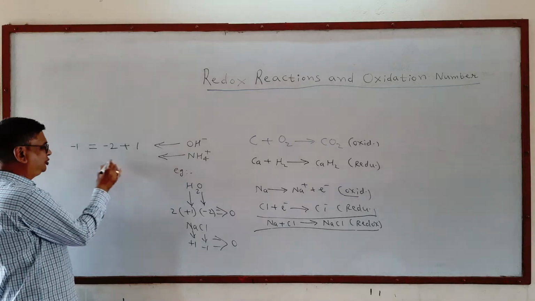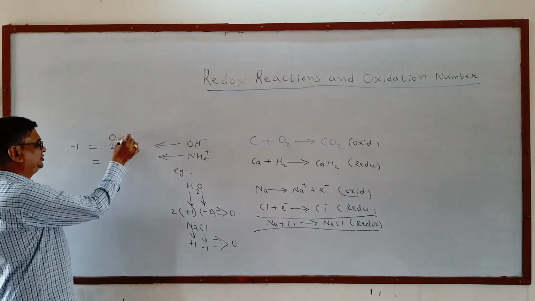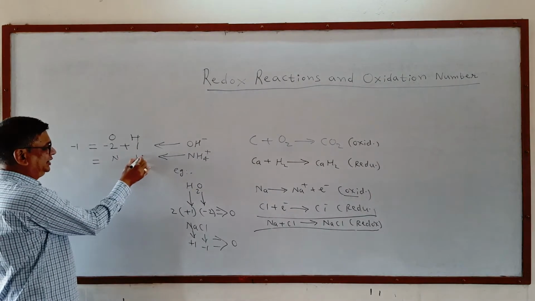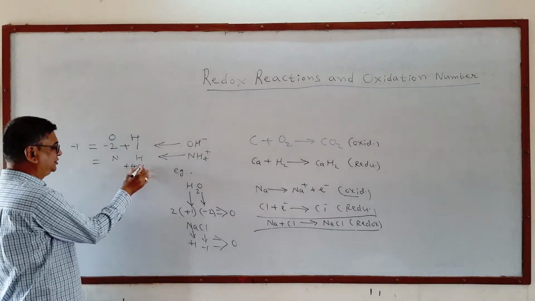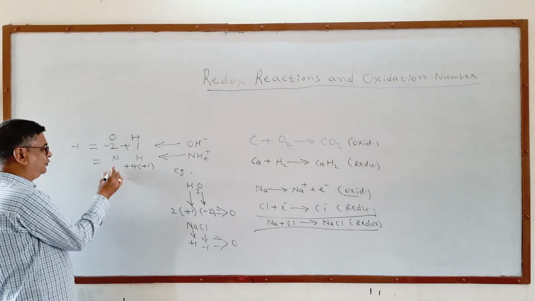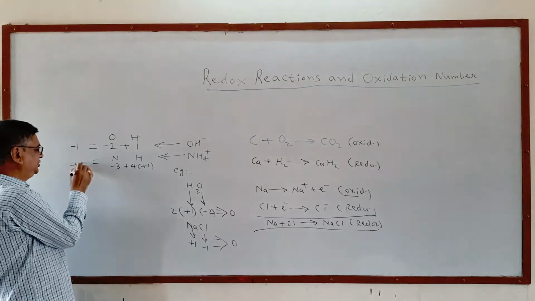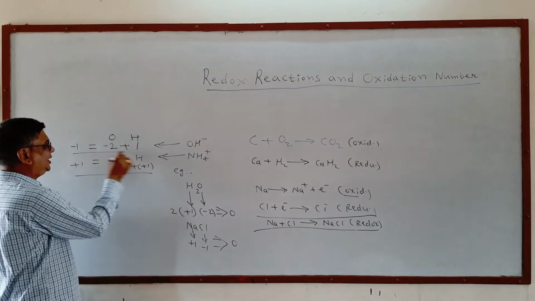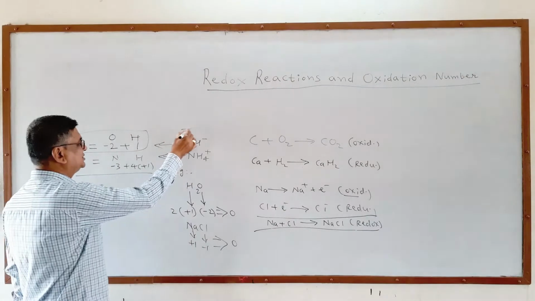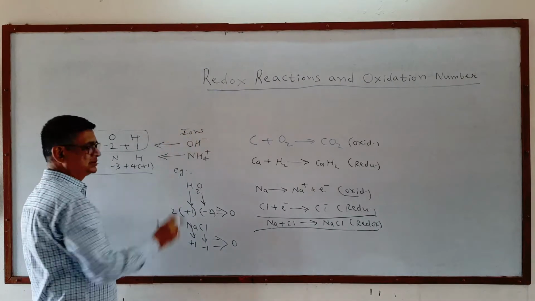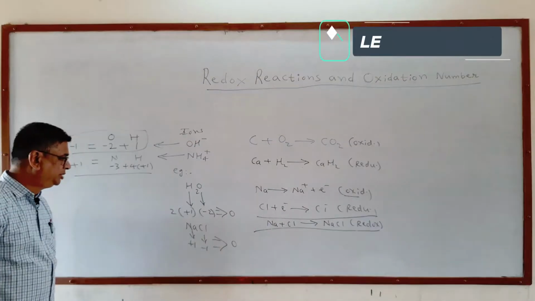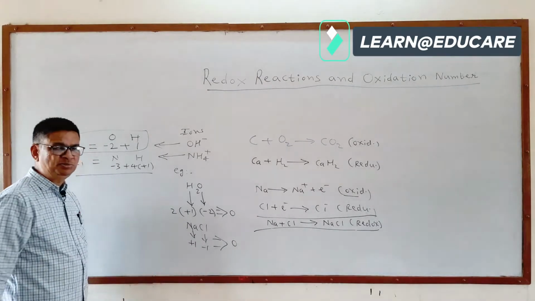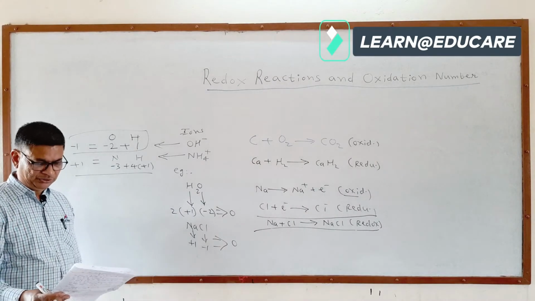In NH4+, there are 4 hydrogens, 4 into +1, 1 nitrogen -3, and can you see this sum is +1. So in case of ions, the sum of oxidation numbers is equal to the charge on the ion, but in case of a compound, the sum of oxidation numbers is 0.